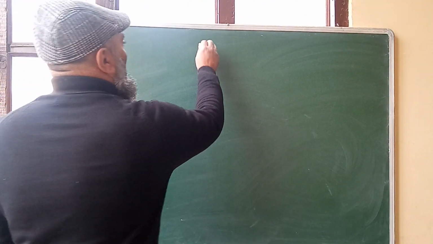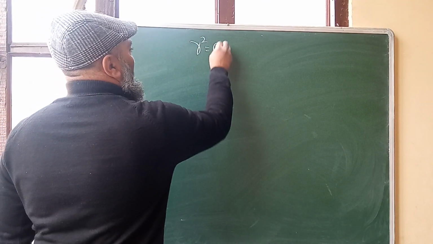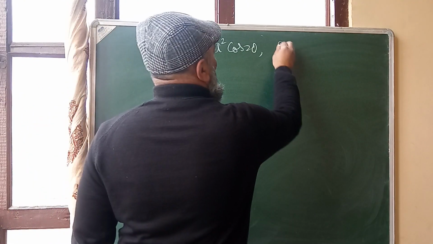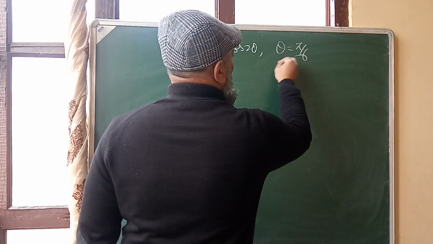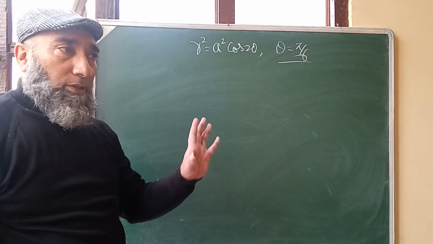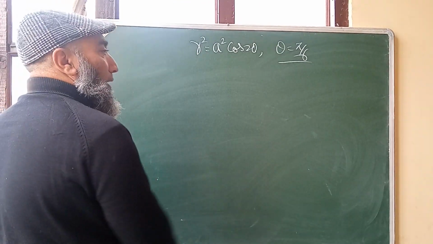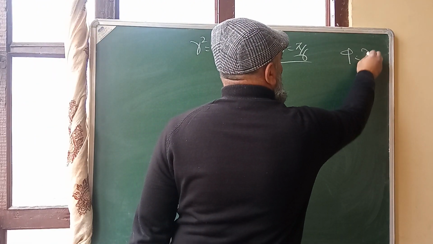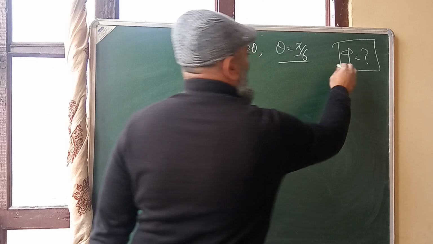Let me take up a question. Say r square equal a square cos of 2 theta, say theta is pi by 6. Find the angle between tangent and radius vector. You have to find the angle between tangent and radius vector, means you have to find phi. Phi is to be found out.